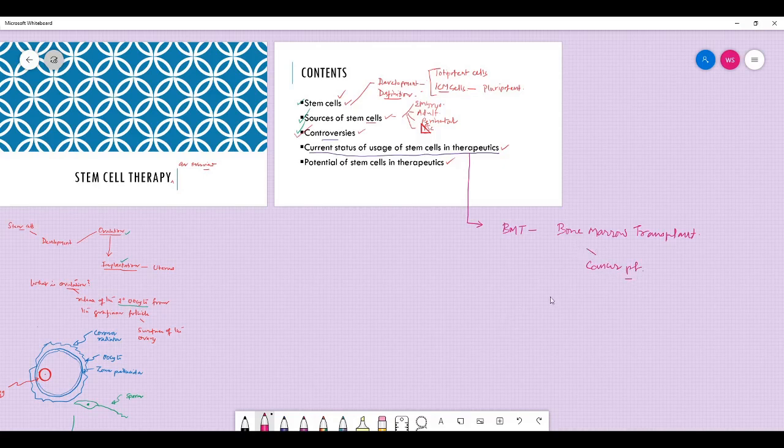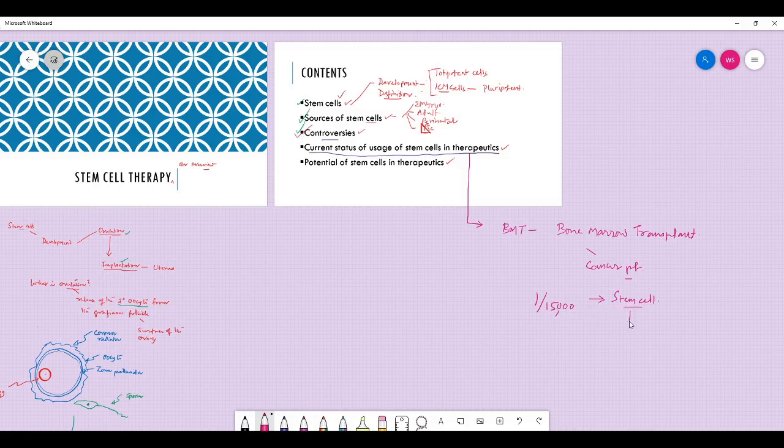So what is the idea? In bone marrow, 1 in 15,000 cells is a stem cell. So the idea is, if you transplant bone marrow, 1 in 15,000 cells is a stem cell.